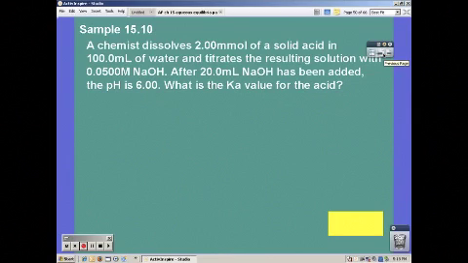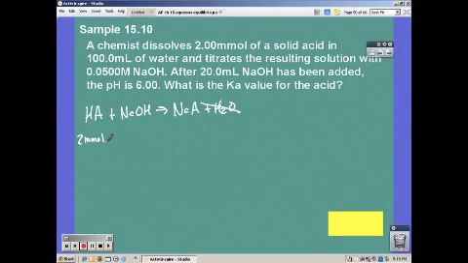Go ahead and try this one and restart the video when you think you have it. Okay, the answer you should have gotten was 1 times 10 to the negative 6. If you didn't, we have an unknown acid, so we're just going to use HA. NaOH goes to NaA.